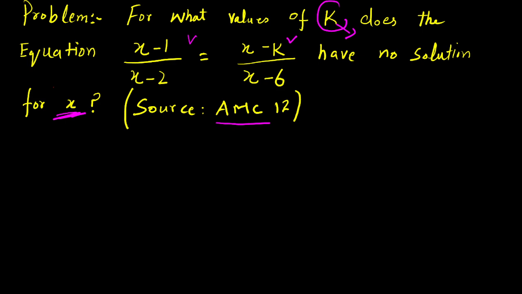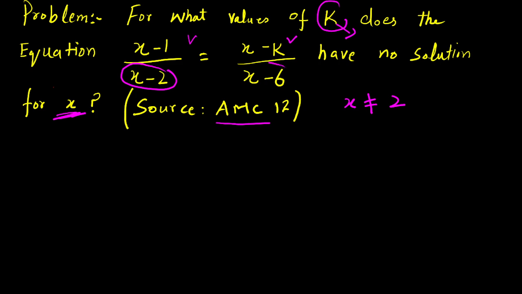All right, you can see here, if you put x equal to 2, the denominator of the left hand side becomes equal to 0. It means x equal to 2 is not allowed, because division by 0 is completely invalid in mathematics.